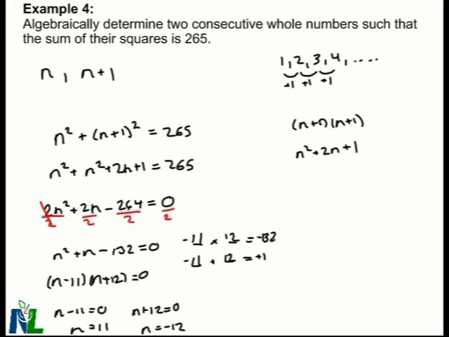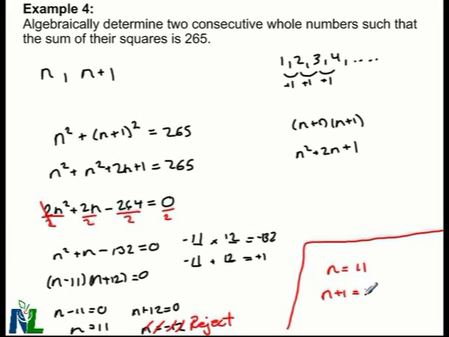So I need to reject the negative 12, which means that if n is equal to 11, then my solution states that my first number is 11 and my second number is 12. And if I add 11 squared and 12 squared, I will get 265.